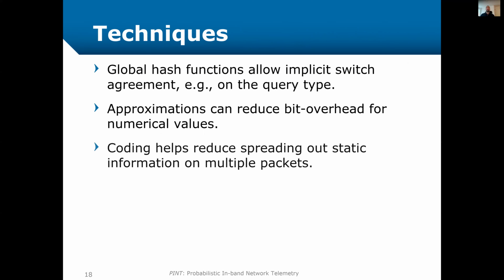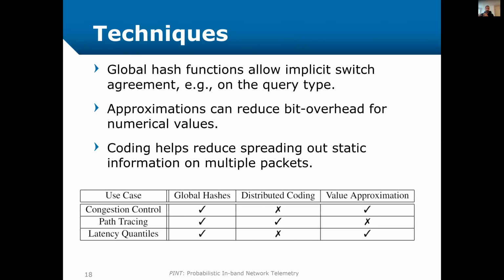And the third technique we're using is coding. If we think of static things like inferring the switch IDs, we can actually use coding, and I'll tell you what I mean by that, to reduce the number of packets we need to read out, for example, the path information. So all of our use cases use different combinations of these techniques.